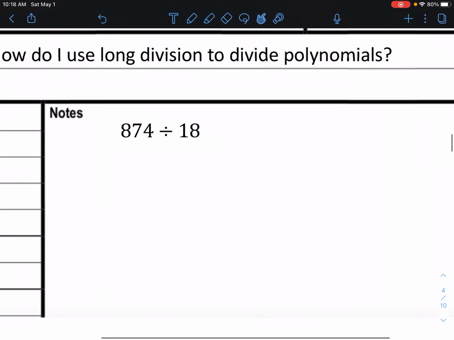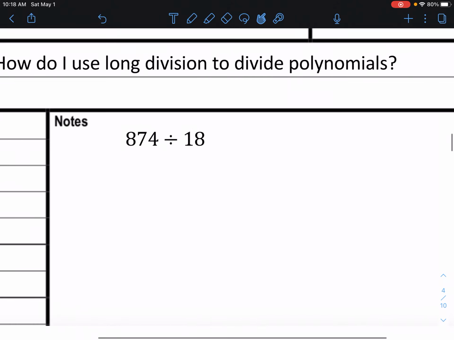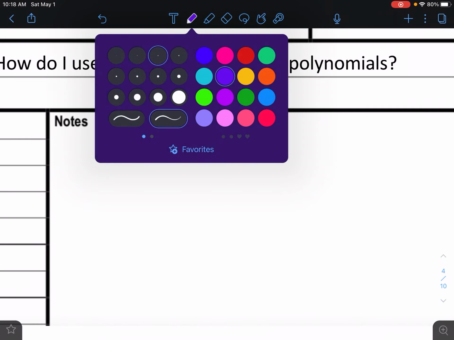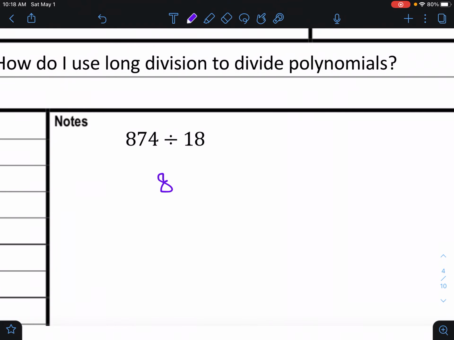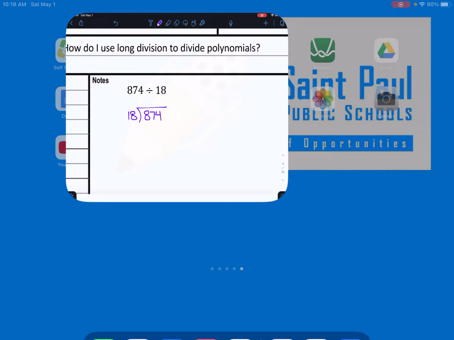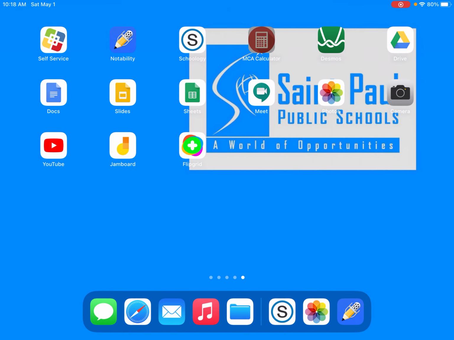So the first thing, once again, is 874 divided by 18. And you're going to say, how many times does 18 go into 8? None. So 18 into 87. You might have to use your calculator if you're not sure. You go, well, 18 times what? And you just take some guesses to start.